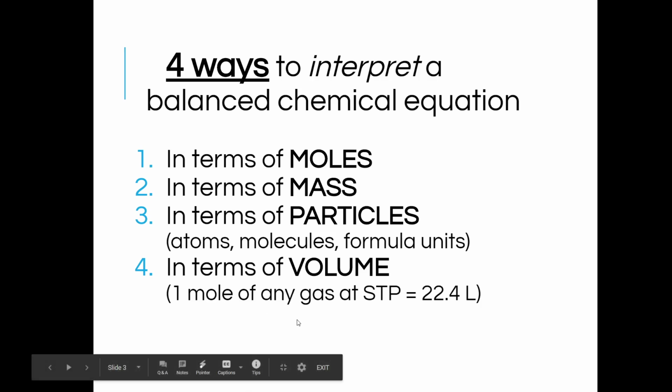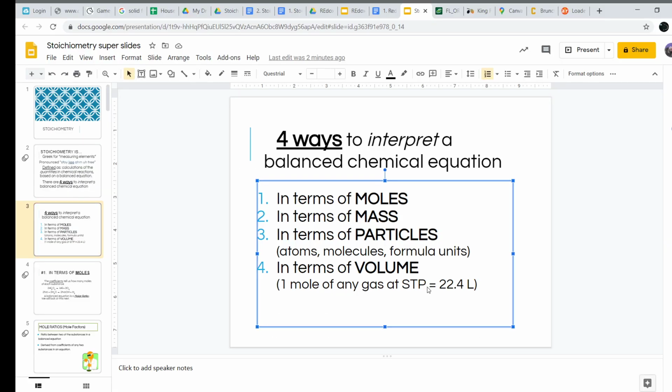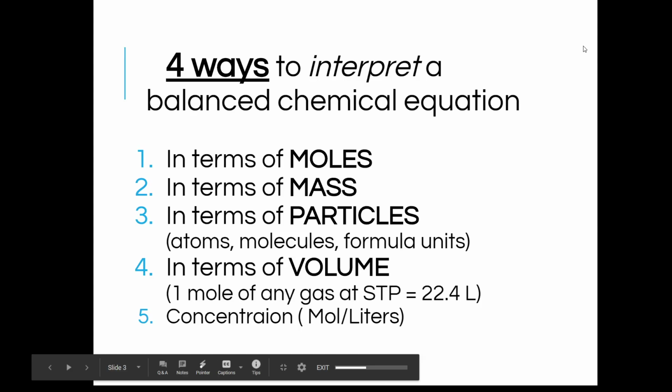And I would like to add one more to this one here, and it's going to be concentration. It's going to be our last one. And concentration, again, that's going to end up being moles over liters, okay? And these are the ways that we're going to be able to interpret a chemical equation.